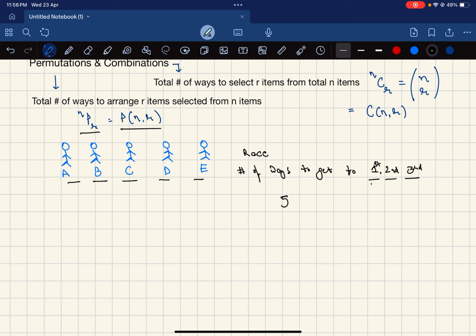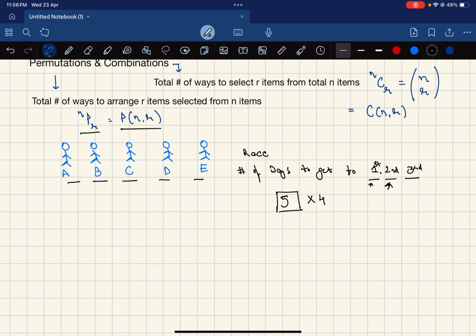Now once the first position is decided, for the second position we are only left with four possible people who can come in the second position, given that one person has already been given the first position. So there were 5 ways for the first position, but for the second position there are only 4 ways left.